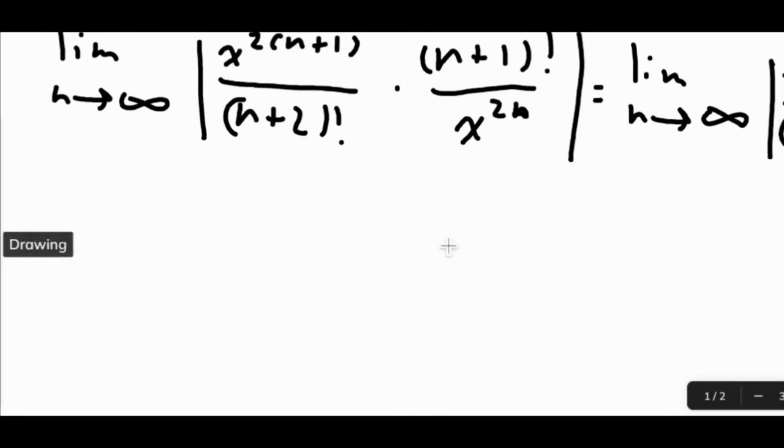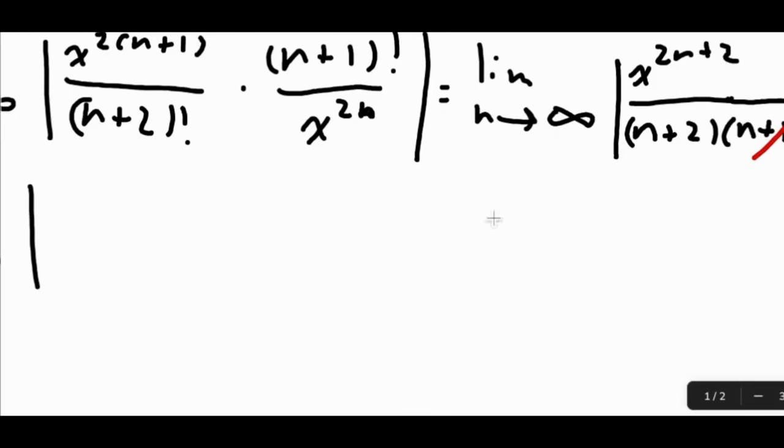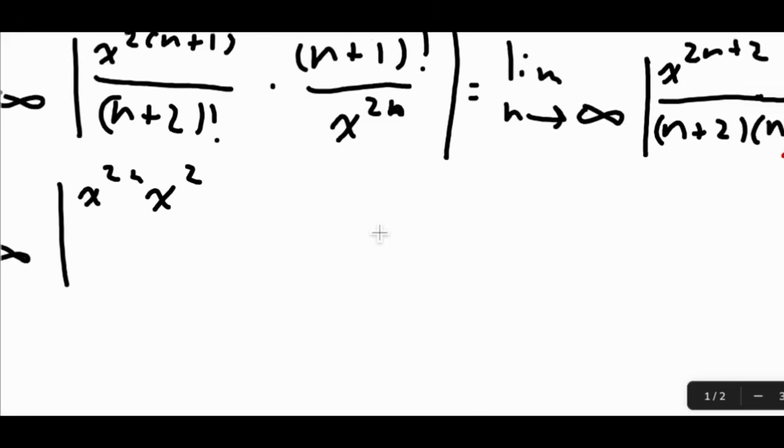And go ahead over here and rewrite our limit statement as the limit as n approaches infinity of the absolute value of, I'm going to rewrite x to the 2n plus 2 as x to the 2n times x squared, and you'll see why in a second.